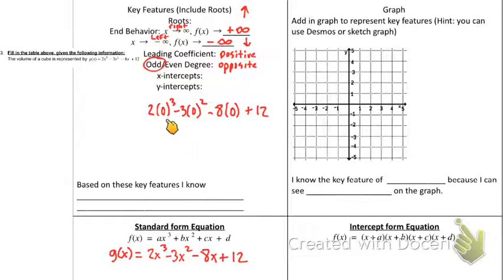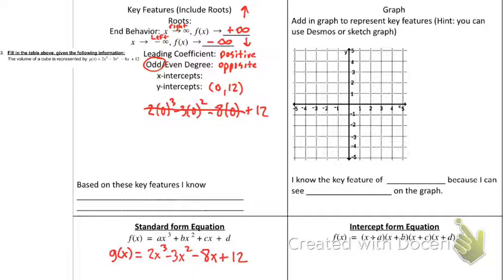Again, when you plug in x in standard form, all this stuff cancels out because it ends up being 0. And your y-intercept is actually just your constant, the number without the variable. This only works in standard form. So my y-intercept is 12. Okay, so I have to write it as a point. It's (0, 12). All right, so we got our y-intercept.